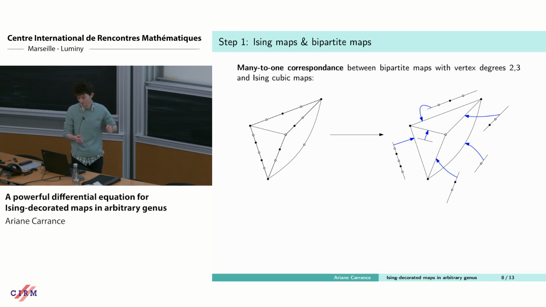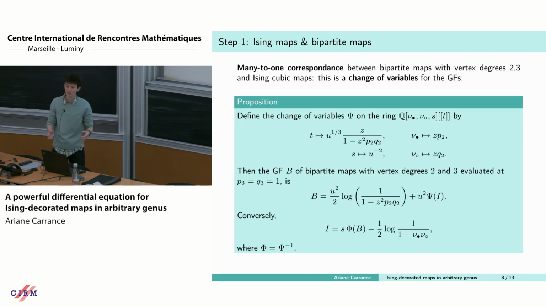And these colors can be interpreted as spin configurations on your cubic map. And if you try to go the other way, it's obviously a many-to-one correspondence because you can add arbitrarily long chains of vertices of degree 2 along any edge in your cubic map. But in terms of generating functions, it is a very nice change of variables.